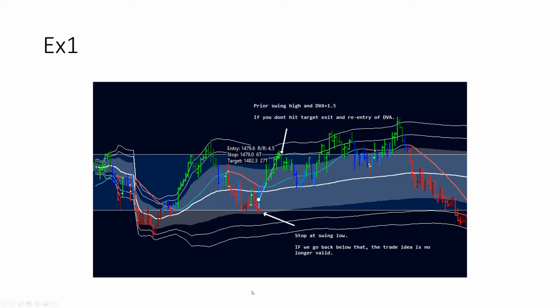And if you're one of the people who had an all-in, scale-out program, then maybe at this developing value area high is where you scaled. You scale part of your position out, and it comes down. Maybe you scaled up here. The scale is quite discretionary. You're just taking profit when you expect that rhythm to go.